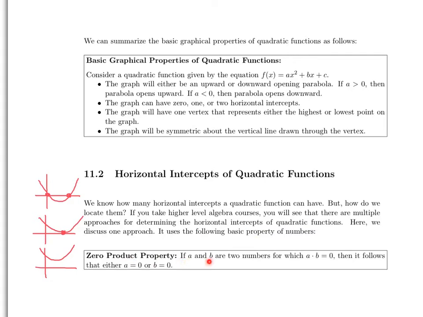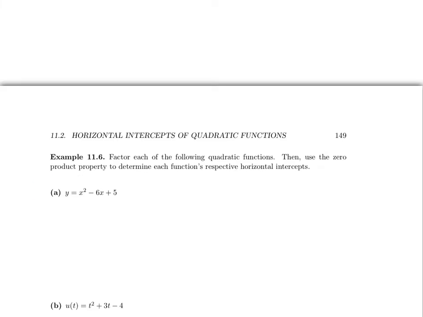If you have two numbers, A and B, and you know that their product is 0, it follows that one of the two numbers must be 0. Either A must have been 0 or B must have been 0. We'll use the zero product property in the next example, 11.6.